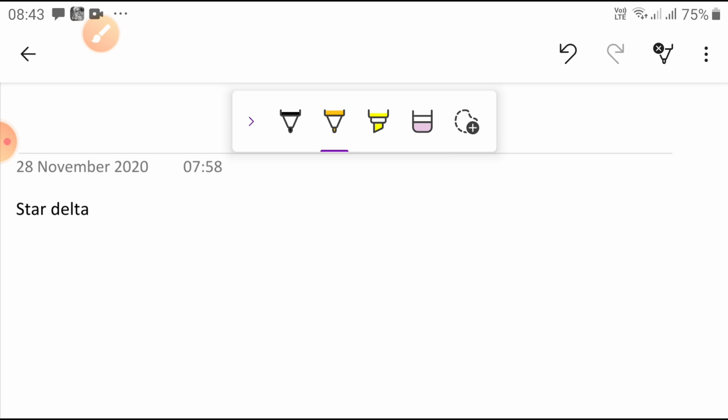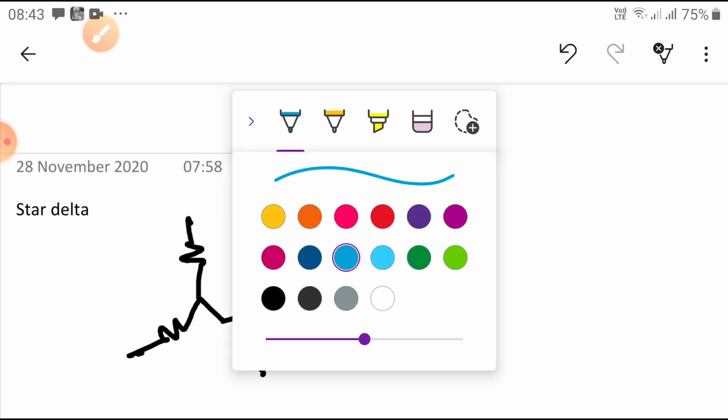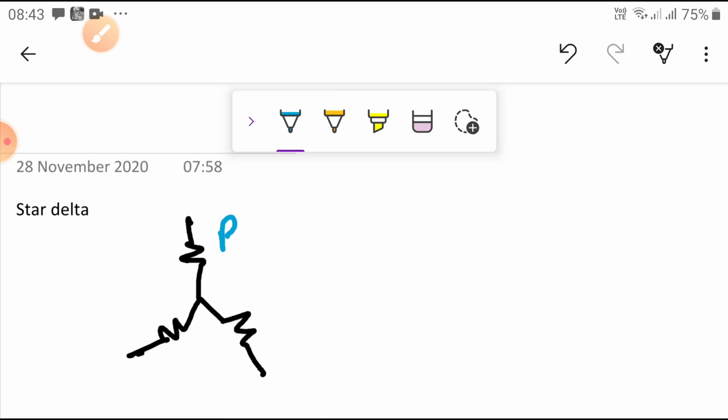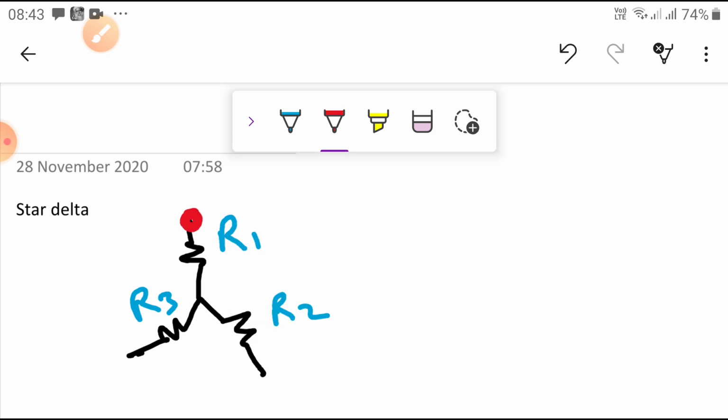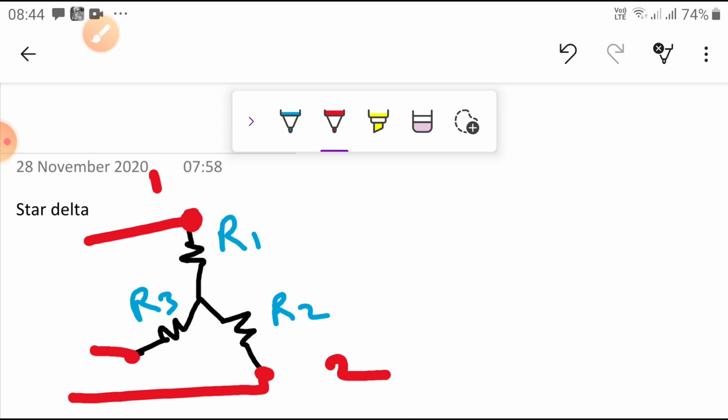Here is the star. The resistances are represented by another color. We can see this is R1, this is R2, this is R3. Nodes are connected here, with different colors: this is node 1, node 2, and this is node 3.